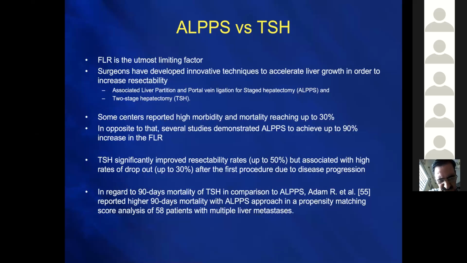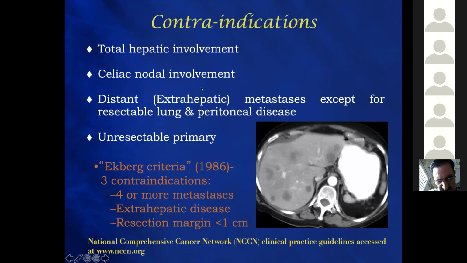Some say that two-stage hepatectomy is better than ALPPS when compared on 90-day mortality in patients with liver metastasis. Two-stage hepatectomy significantly improved resection rates up to 50%, but was associated with higher dropout rates of up to 30% after the first procedure due to disease progression, which may happen during the chemotherapy interim period.